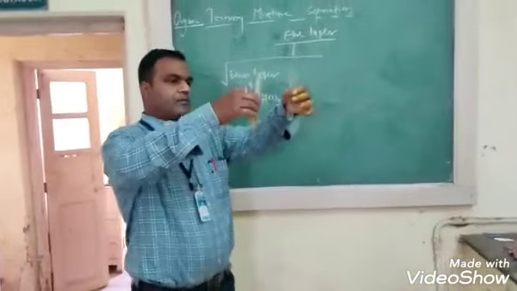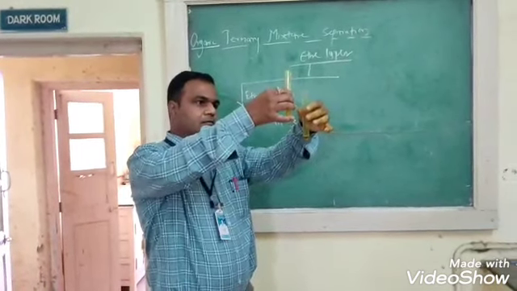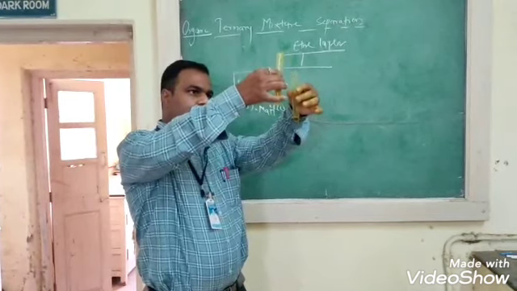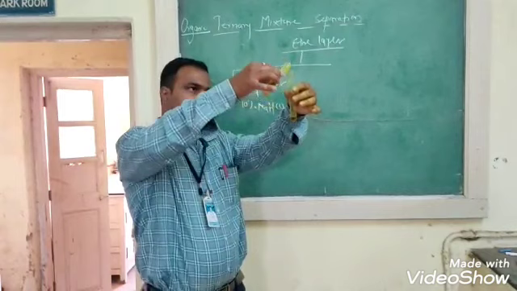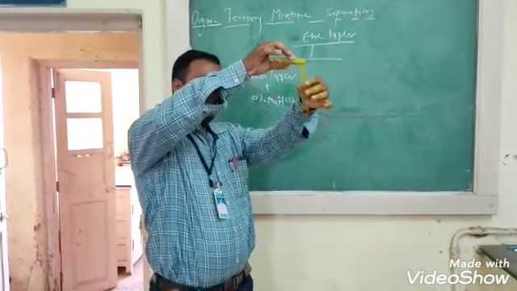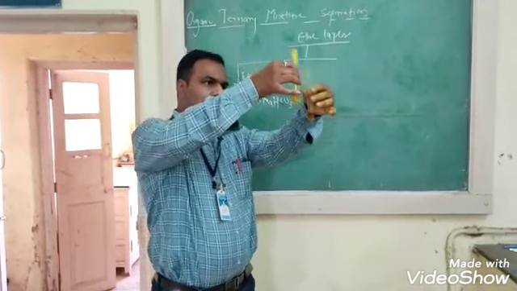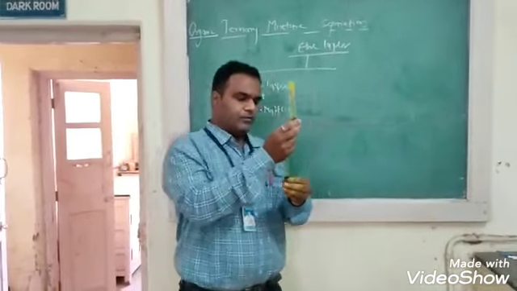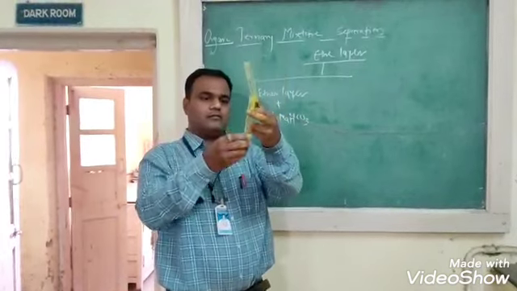Okay, so now decant this ether layer into a test tube, or sometimes we use the dropper here. Now we have separated the ether layer, and this is the aqueous layer.